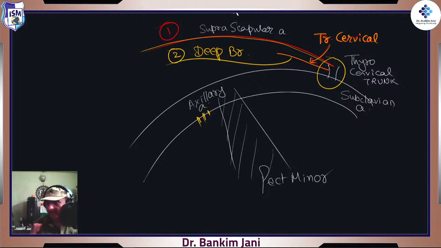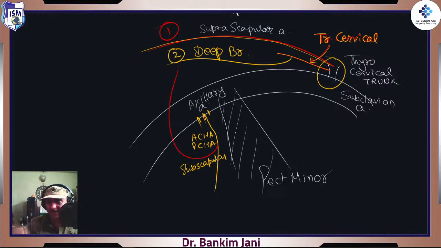One was anterior circumflex humeral, posterior circumflex humeral. Correct? These two were already there. The third one was subscapular. It is this subscapular which is going. But then there is one artery, the circumflex scapular artery.